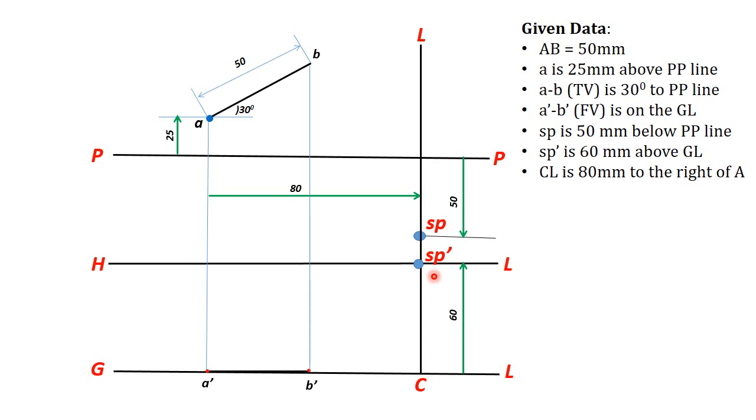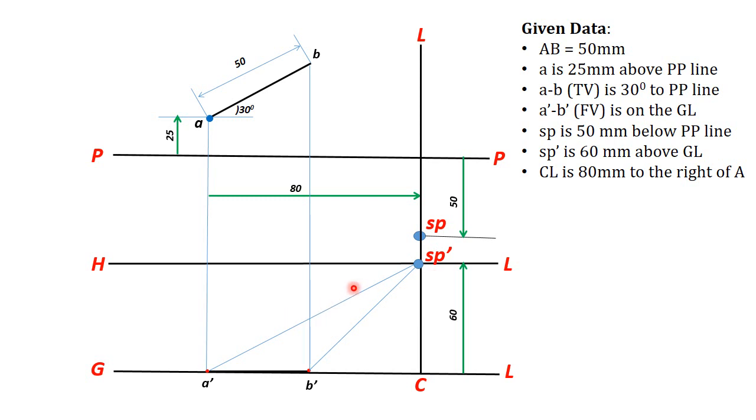Now, to complete the problem, to find the perspective view of the points A and B, this is the procedure to follow. First, you draw the front view visual rays.